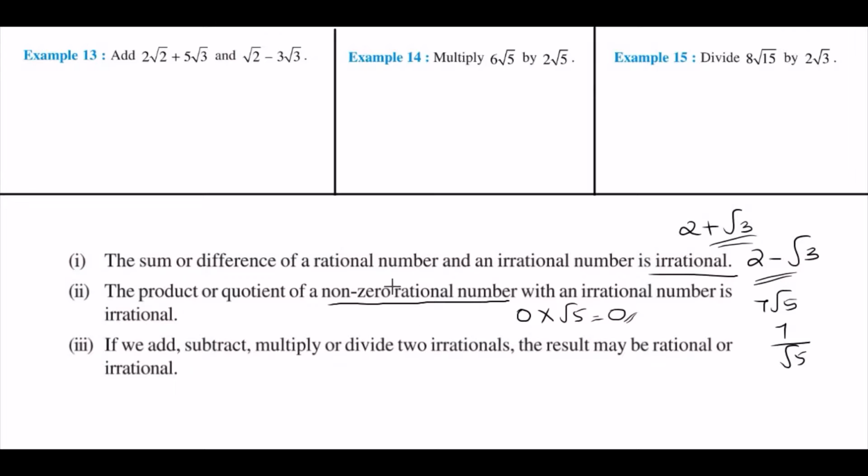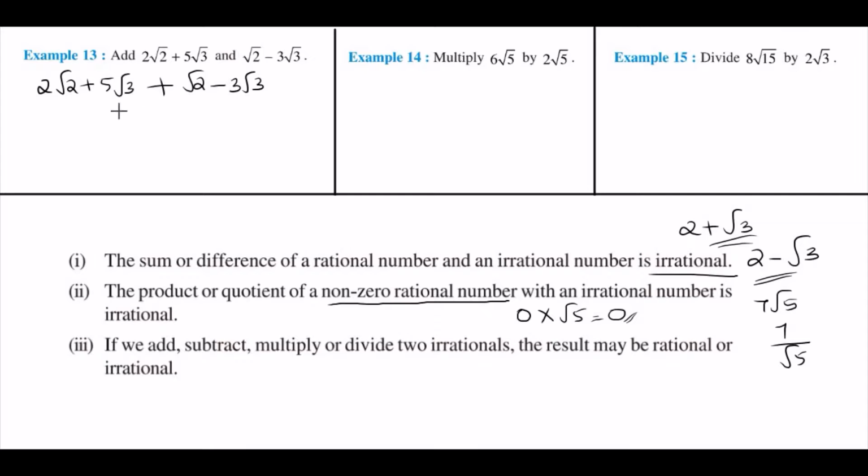These are the things that you have to notice when you are dealing with the basic operations between rational and irrational numbers. So let's take some examples. Add 2 root 2 plus 5 root 3 and root 2 minus 3 root 3. So we'll write 2 root 2 plus 5 root 3 and you have to add it with root 2 minus 3 root 3. Take the radical signs with the same whole number inside, that is here root 2 and root 2 is the same.